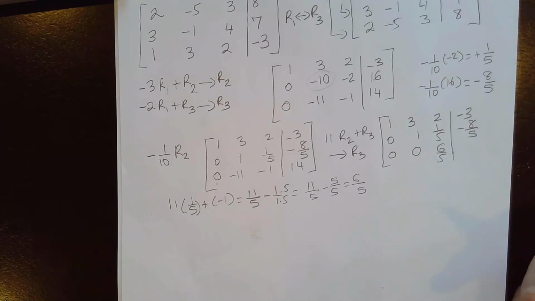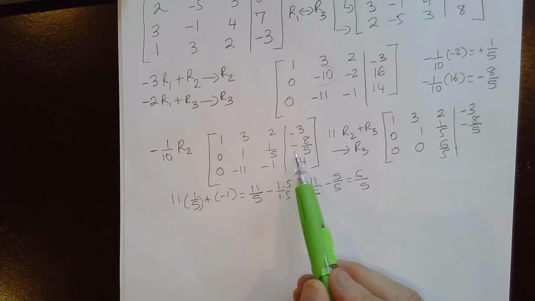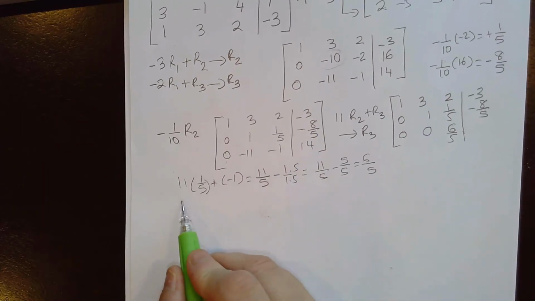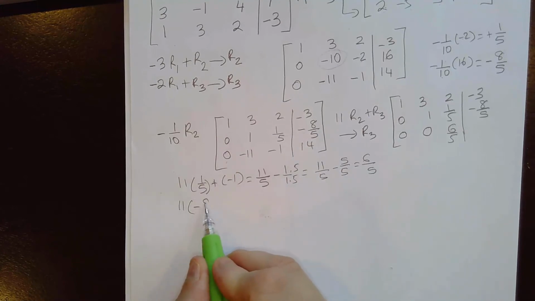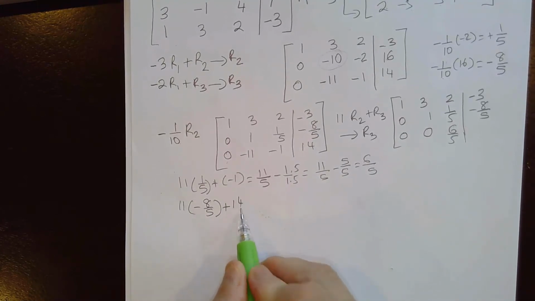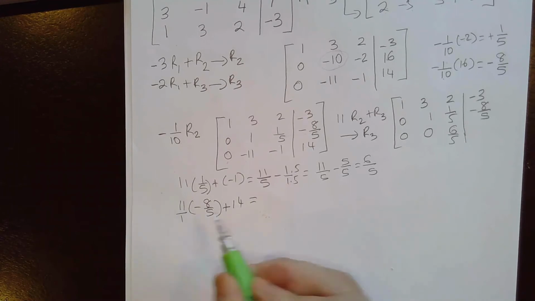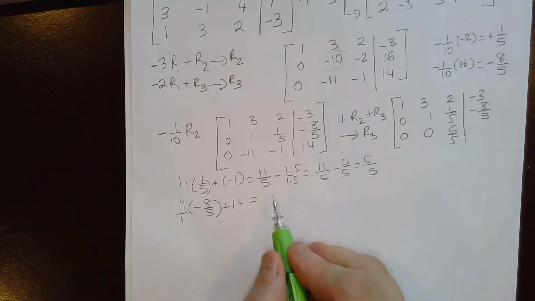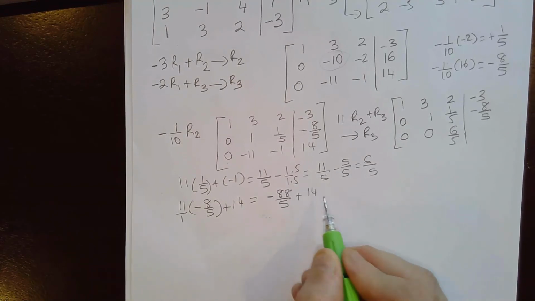Okay, now one more thing here. Multiply row 2 by 11. So 11 times negative 8 over 5 plus 14. These are not going to cancel. So multiply 11 by negative 8. If you want to, you can do this. 11 times negative 8 is negative 88 over 5 plus 14.